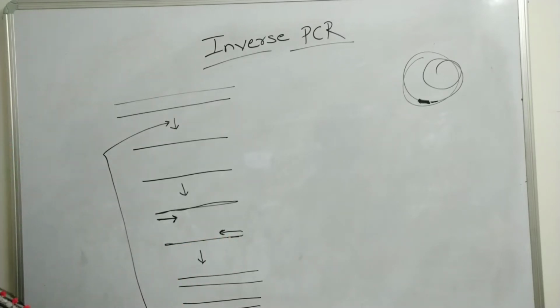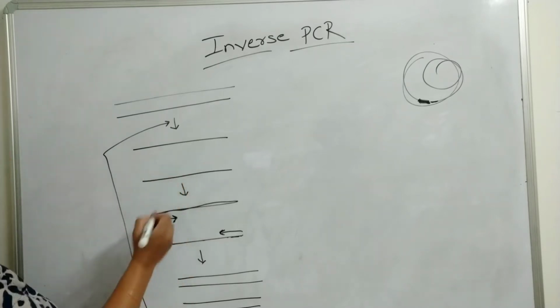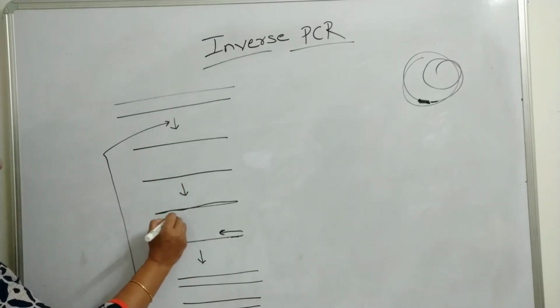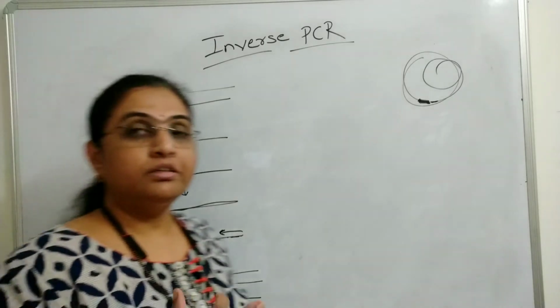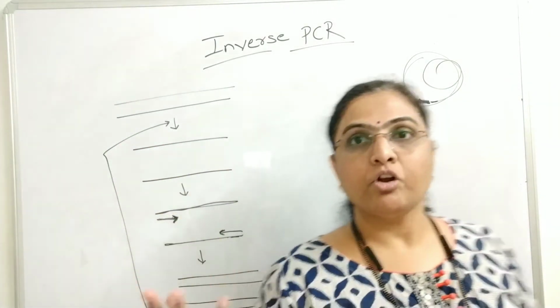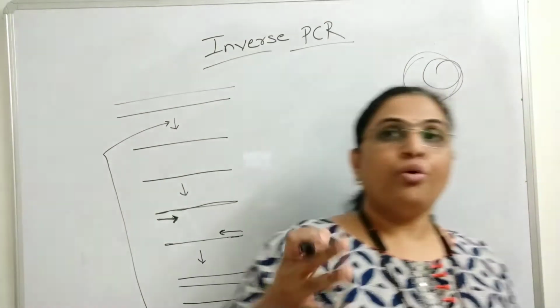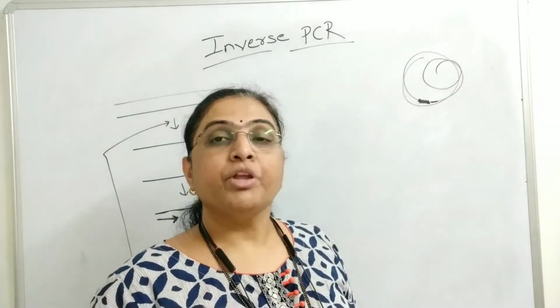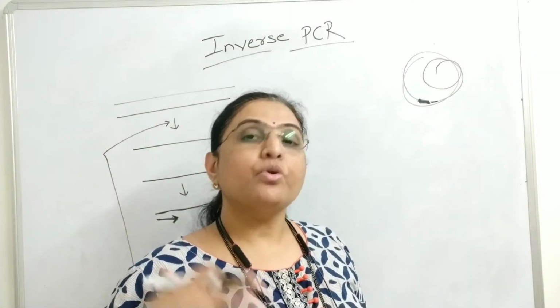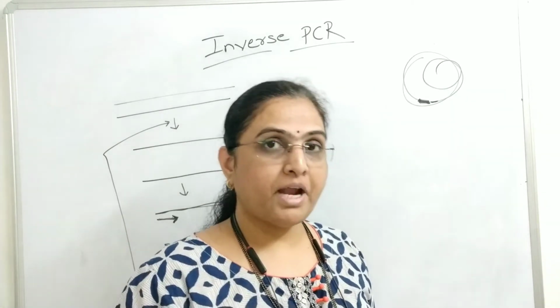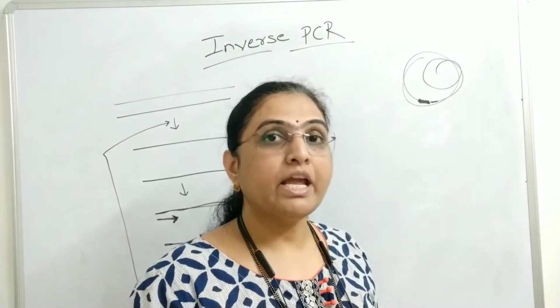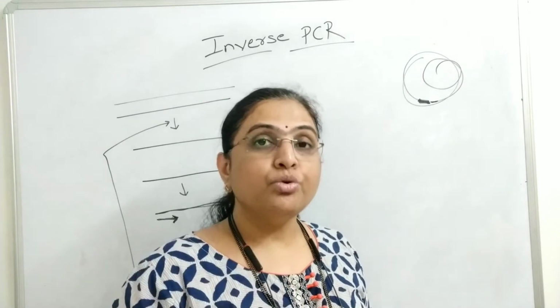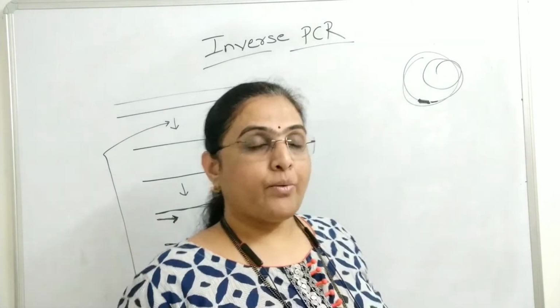Information about the template DNA, that is, the DNA sequence of the template should be known so that you can design a primer. Without the template DNA information you cannot design a primer. So whenever you have to amplify DNA using a primer, you should know something about the DNA sequence.